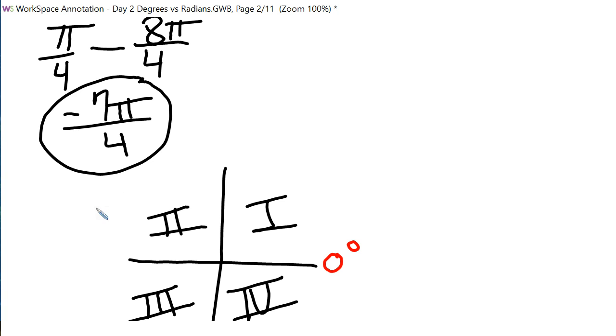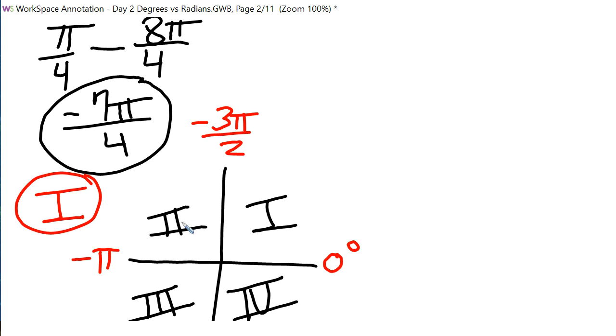This would be negative 3 pi over 4. Negative 4 pi over 4 would be negative pi. Negative 5 pi over 4, negative 6 pi over 4 would be negative 3 pi over 2. So negative 7 pi over 4 would terminate in quadrant 1.